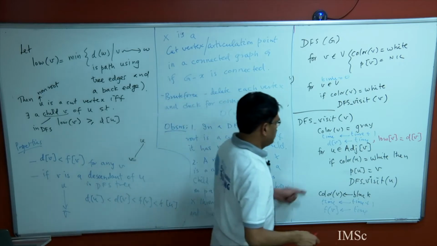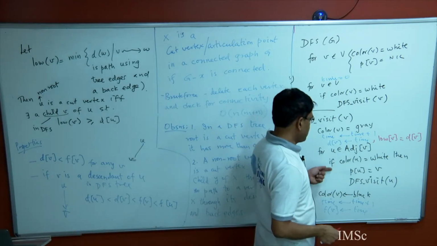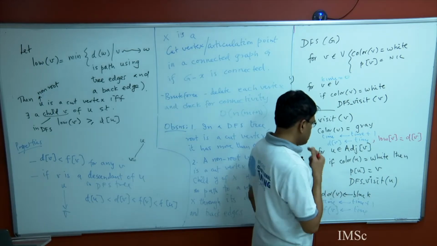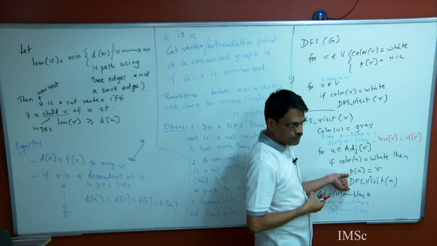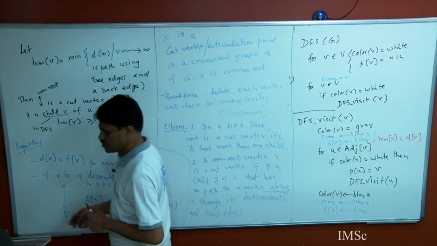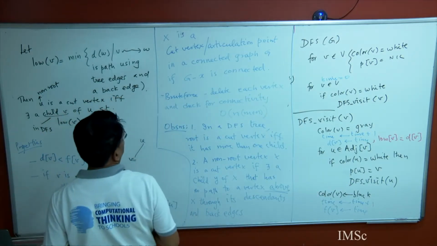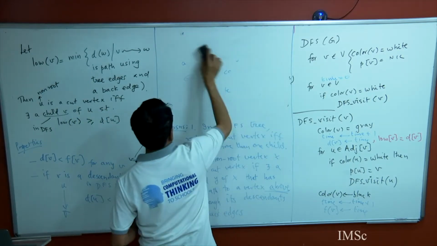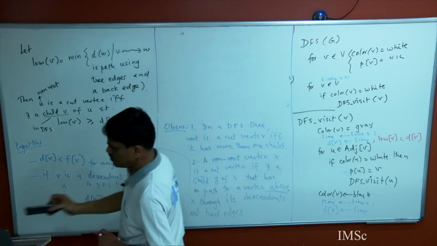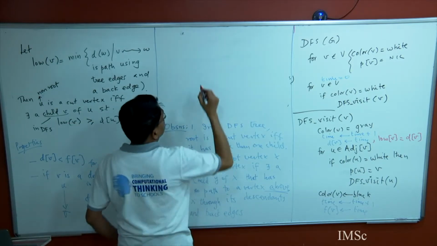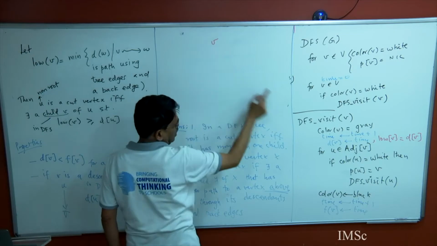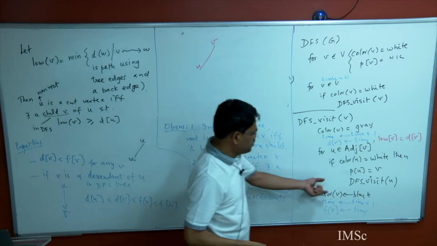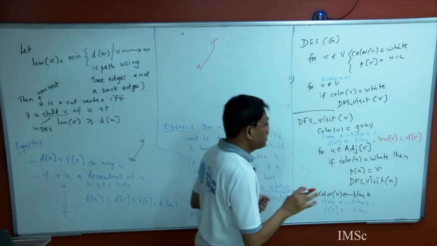Okay. So now I come here, I find an adjacent vertex and I color this, and I've finished. So I'm going to explore U. So let's say I finished with U. Let's draw. So I have V. I picked one neighbor U, and the DFS visit of U will finish recursively.